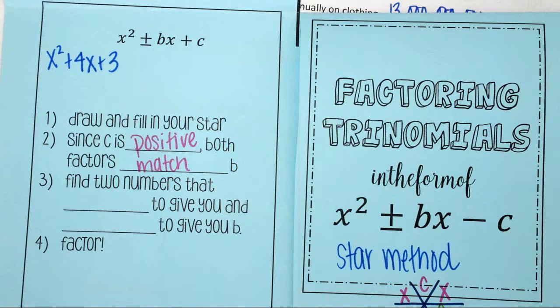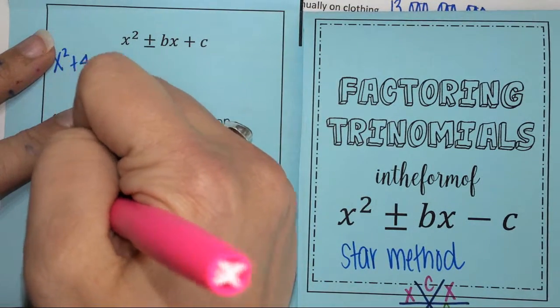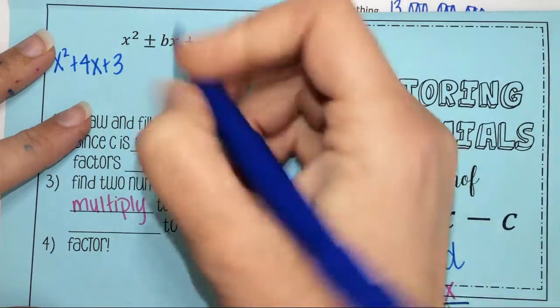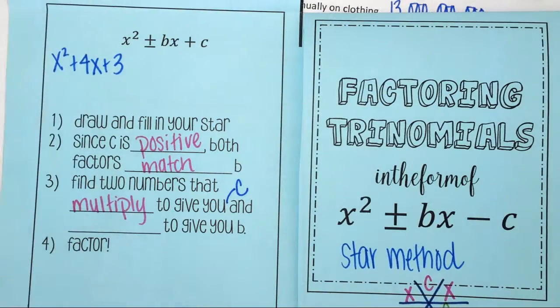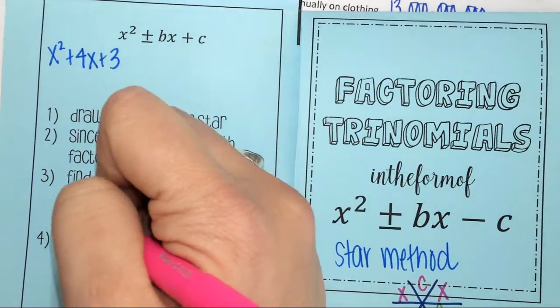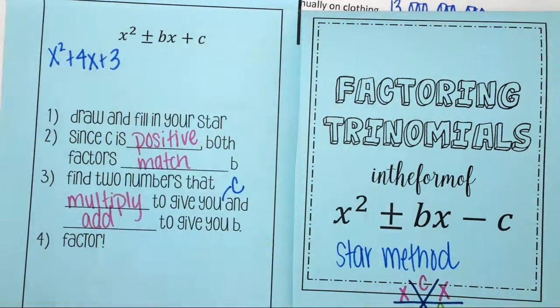If B is negative, our two numbers will be negative. That's all that means. And then we need to find two numbers that multiply to give you C, and add to give you B.